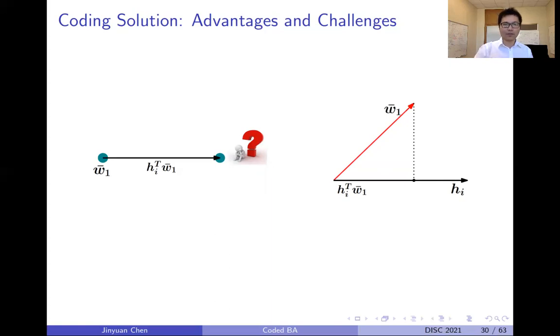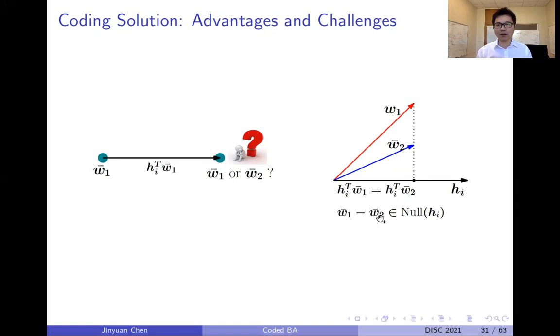For example, when one processor initially holds a message W1, and this processor sends out the encoded symbol projected from the message W1, this encoded symbol might seem to be projected from the message W2 when W1 minus W2 is in the null space of the encoding vector.